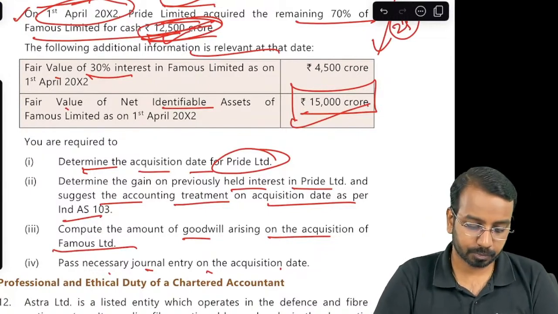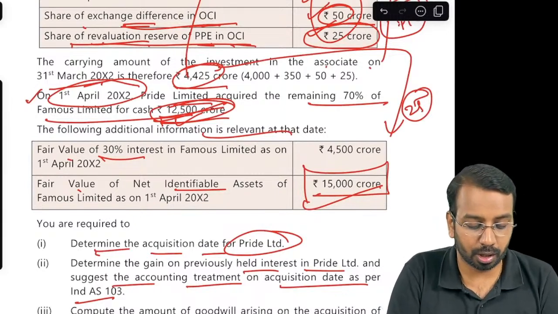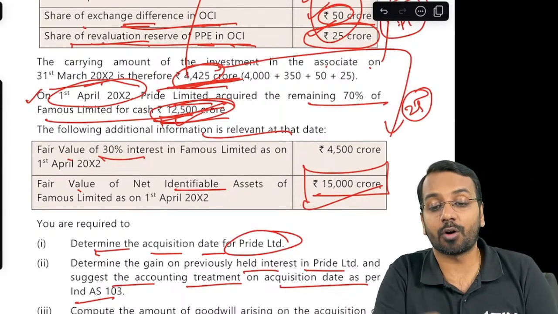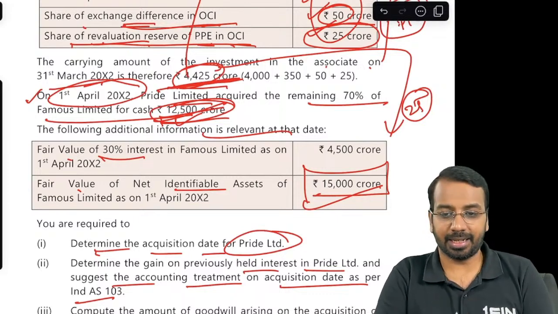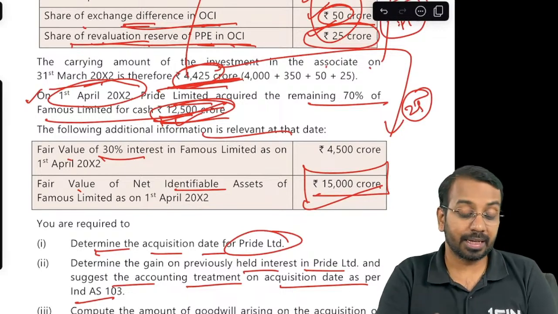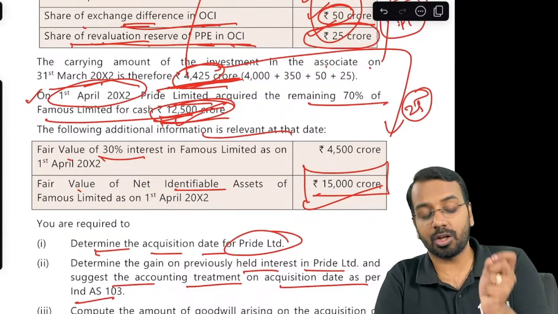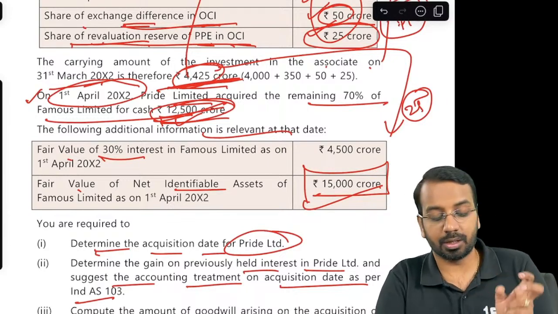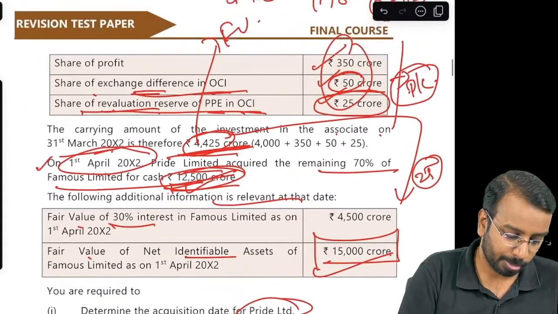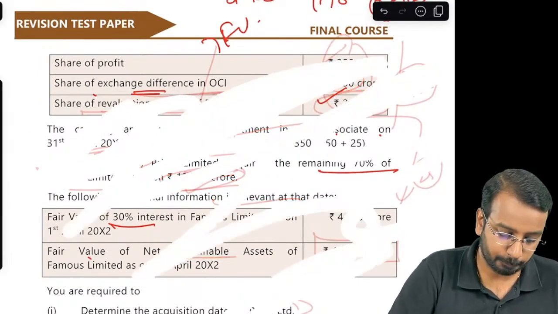Then we will de-recognize the existing stake that we hold, 4,425, that is the carrying amount in the books for the associate, and whatever is the gain or loss will be recognized in the P&L, and we will also do the reclassification of the revaluation reserve which is lying in OCI. So basically what we will do is, all the existing components will be de-recognized. So let me pass the entry for that.